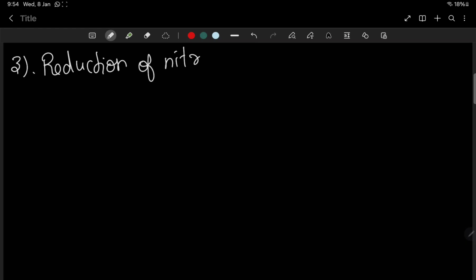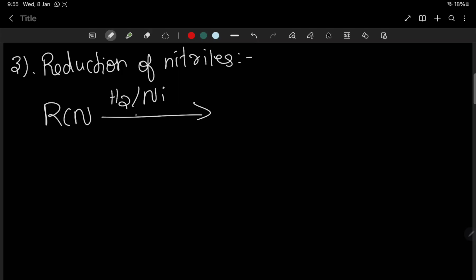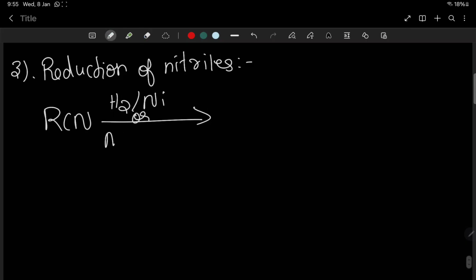Now the next method is reduction of nitriles, that is cyanides. Here we have RCN. Into this we add the reducing agents H2/Ni, or Na(Hg), sodium amalgam, plus C2H5OH, ethanol, or you can use lithium aluminium hydride also.